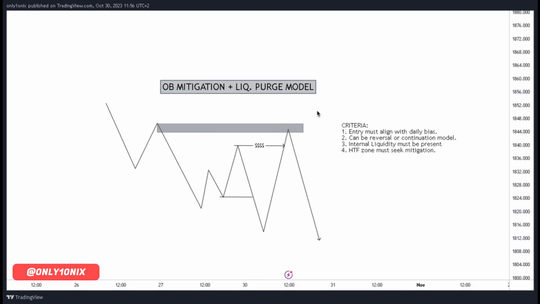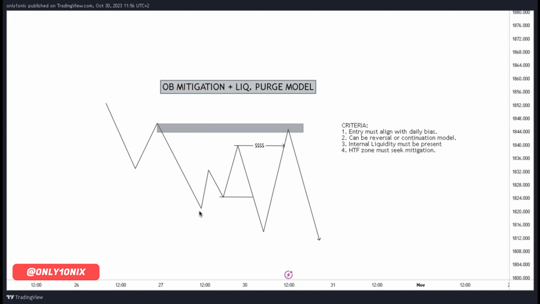So I'll place my entry over here, right? If there's internal liquidity, I know that my entry is placed at the high time frame zone that sits above liquidity in a sell model, and a demand zone that sits below internal liquidity in a buy model.